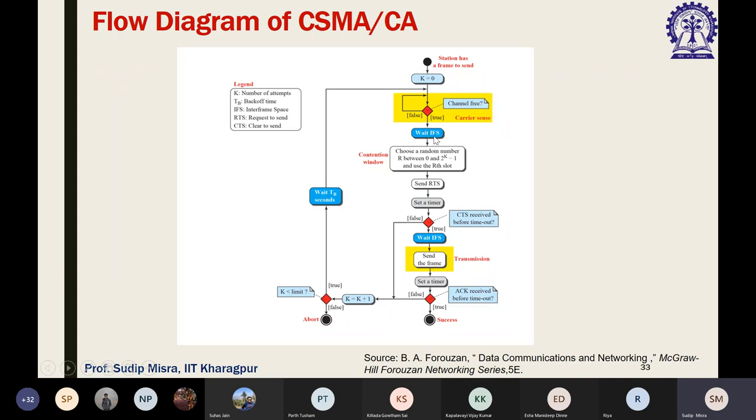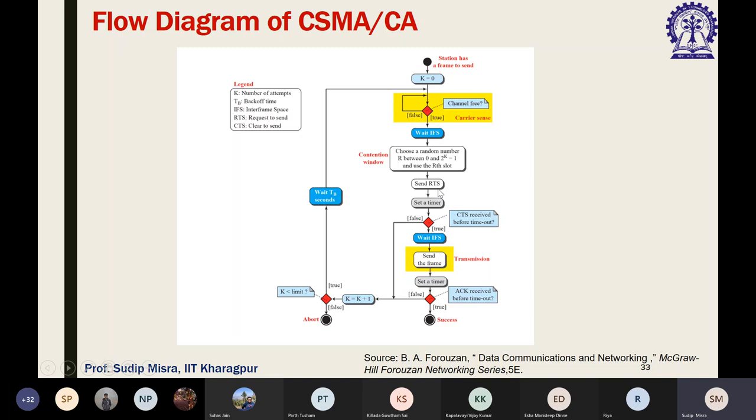So it waits for the IFS, then it chooses a random number r between 0 and 2 to the power k minus 1 and uses the r-th slot. This r value is computed from 0 to 2^k minus 1, and then that r value is used as the slot to be chosen. In that slot, first you send a request to send frame, the RTS frame. The RTS frame is sent by the sender to the receiver to ask whether the receiver is ready to receive the frame or not.